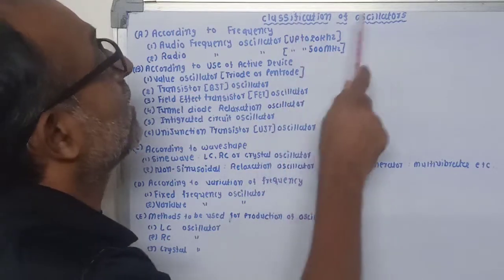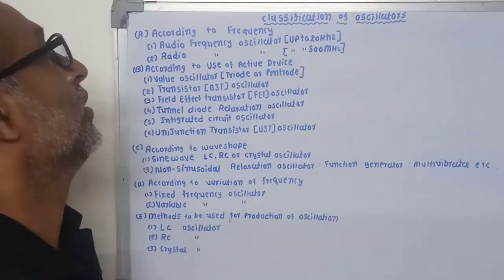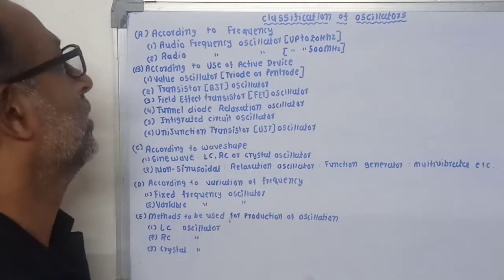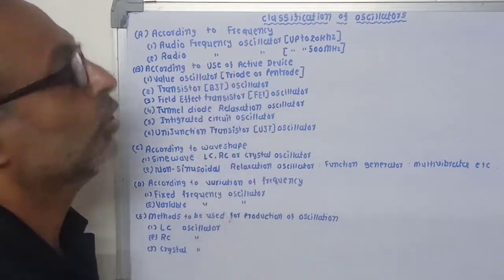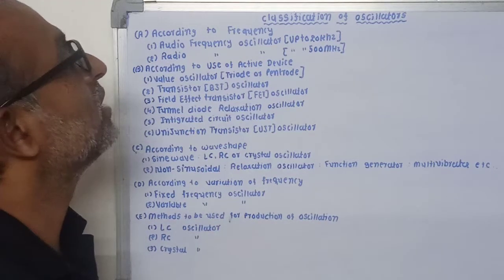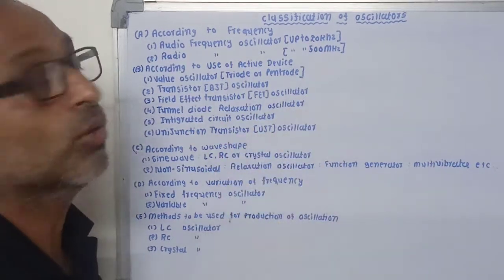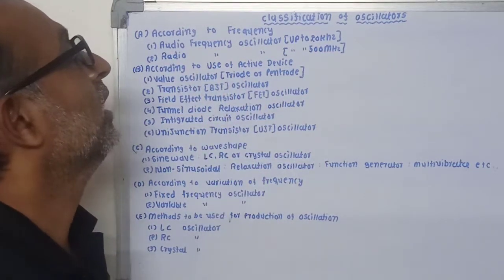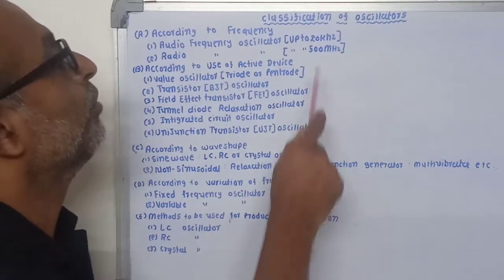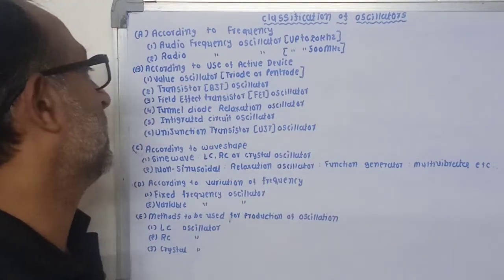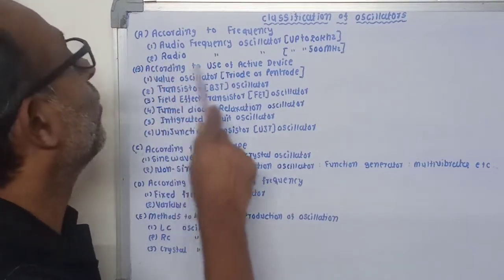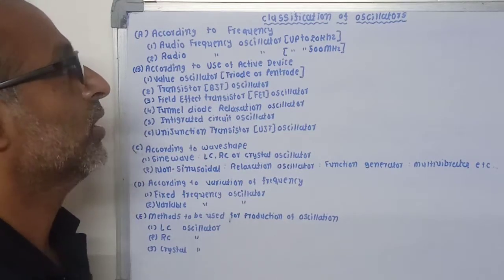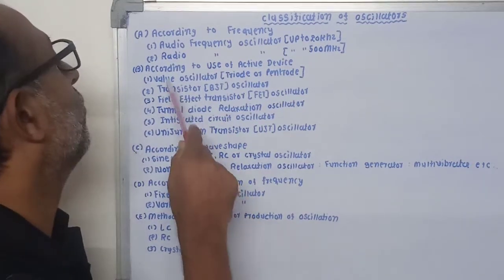Classification of oscillators. A, according to the frequency. First, audio frequency oscillator, whose frequency is up to 20 kilohertz. Second, radio frequency oscillator, which generates up to 500 megahertz frequency. B, according to the active devices used in the oscillators. First, valve oscillator.